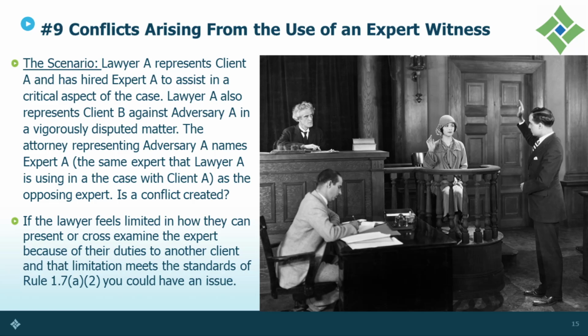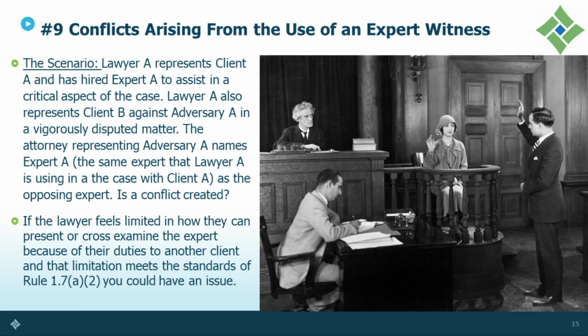Suppose you might challenge the expert's credentials or manner of operation on cross-examination, and you forego that opportunity because it might impact how you use the same expert in a different case. That could be the significant risk that representation of one or more clients will be materially limited by a lawyer's responsibilities to another client.